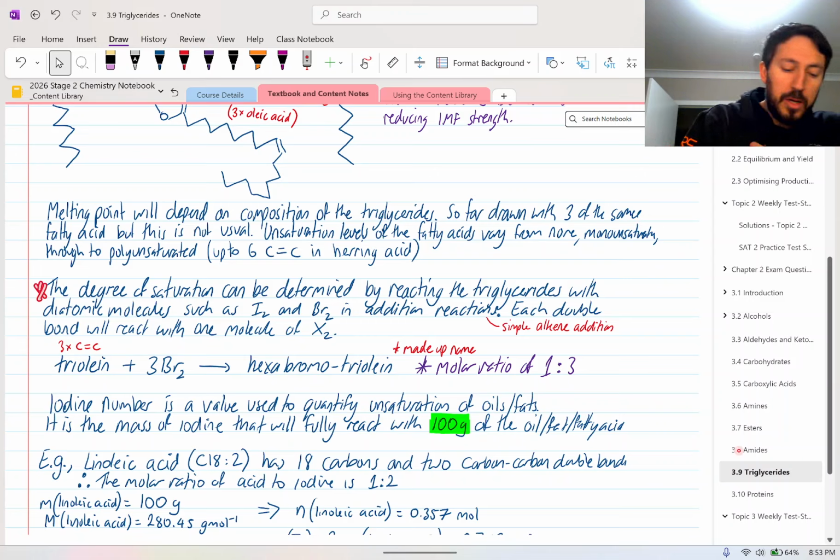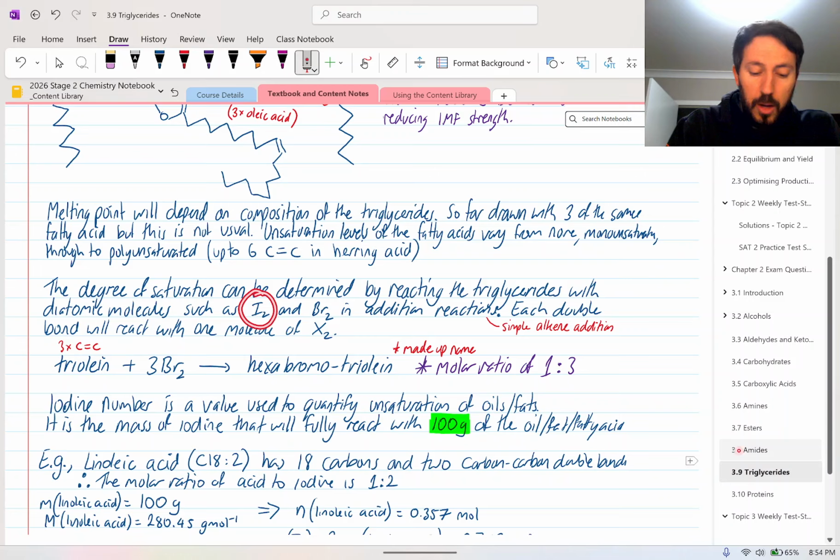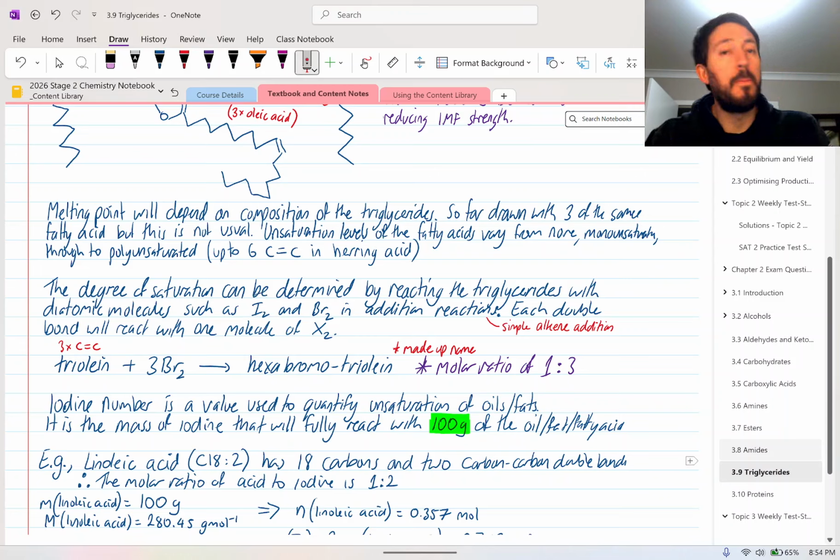So we can work it out by reacting these triglycerides with molecules that we know will react with the double bonds. Commonly it's going to be diatomic molecules such as I2 or Br2, so iodine or bromine. You can also react it with something like diatomic chlorine or diatomic hydrogen, but commonly it's done with iodine and bromine, mainly because of the color of these molecules.